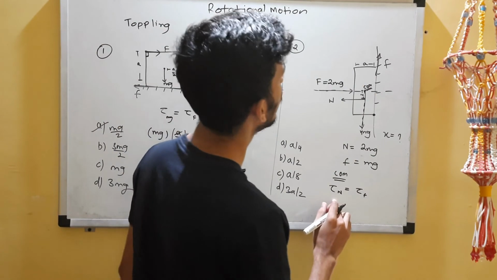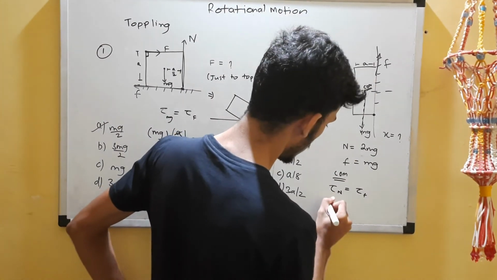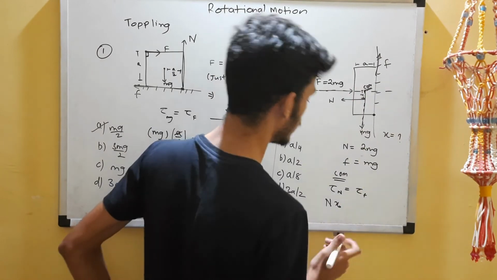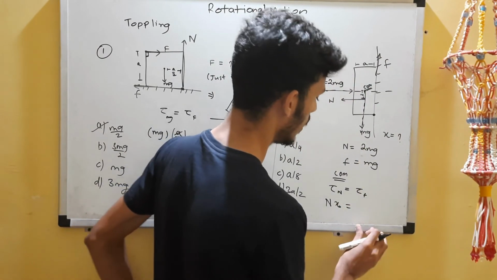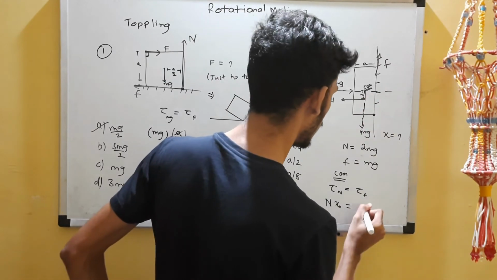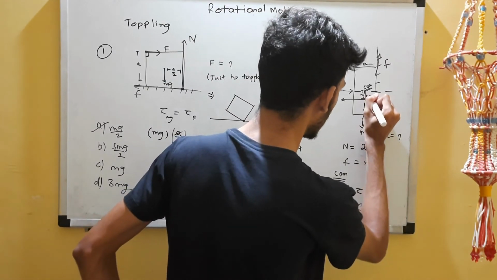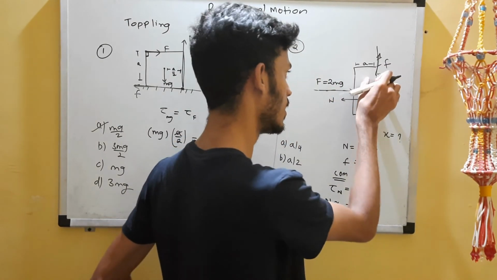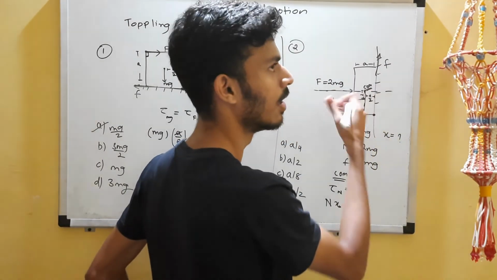The torque due to normal force is N times x, the distance from the point. And the torque due to your frictional force is the frictional force times this distance, right? This total distance is a, and this distance will be a by 2 since it's the center of mass.